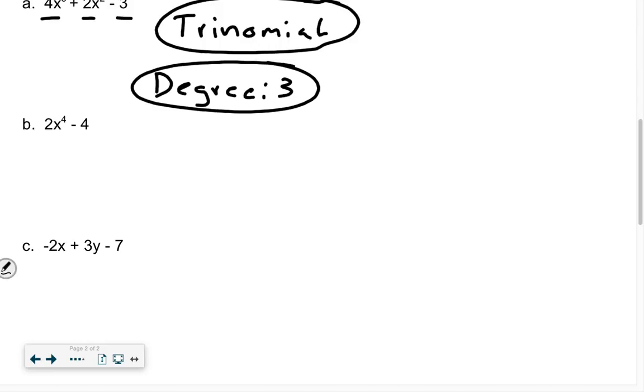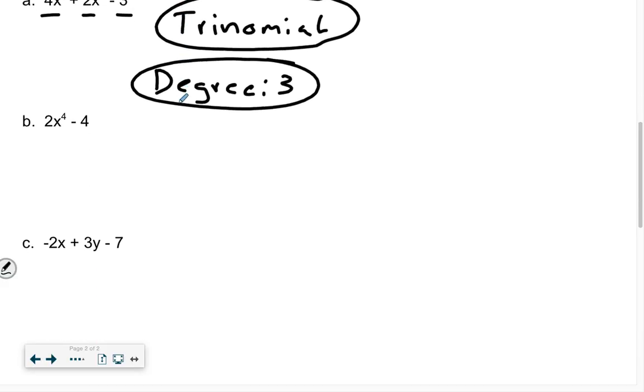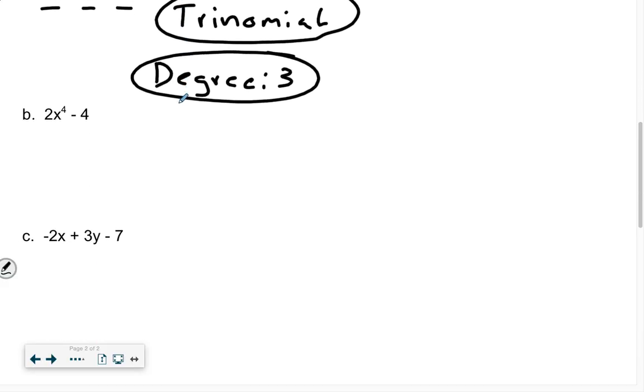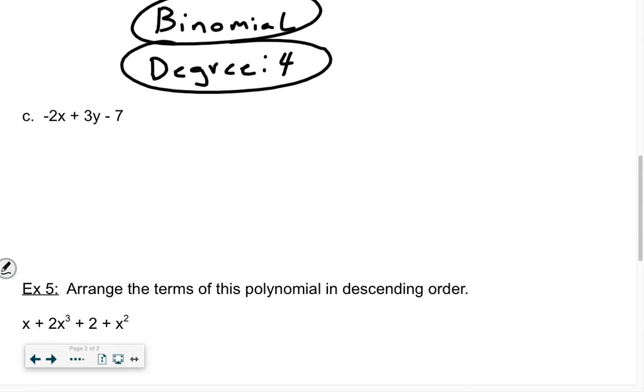Next, we have 2x to the fourth minus 4. Again, our three choices are monomial, binomial, and trinomial. It has two terms, therefore it is a binomial. And also the degree, highest exponent is 4. So this is a binomial with a degree of 4. If we look at C, how many terms do we have?